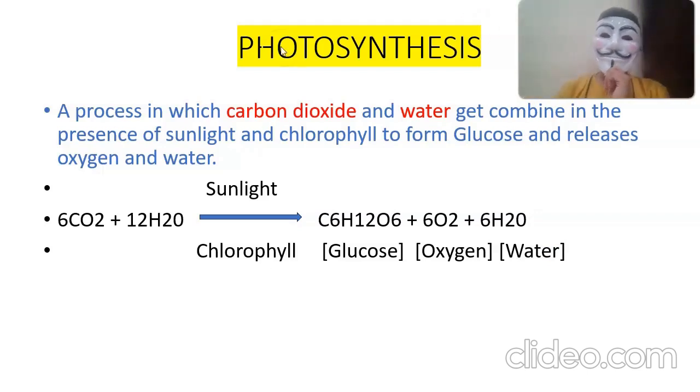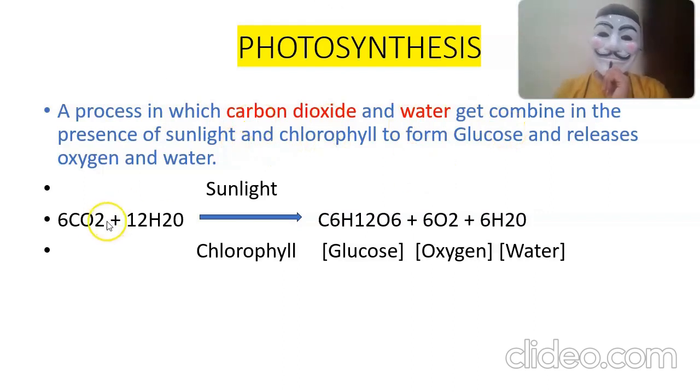Just imagine there is carbon dioxide and water on one side, where there are 6 molecules of carbon dioxide and 12 molecules of water. Then in the presence of sunlight and chlorophyll, just remember the definition. If you remember the definition, you can write it: a process in which carbon dioxide and water get combined in the presence of sunlight and chlorophyll.